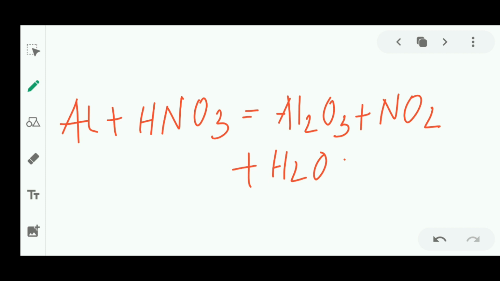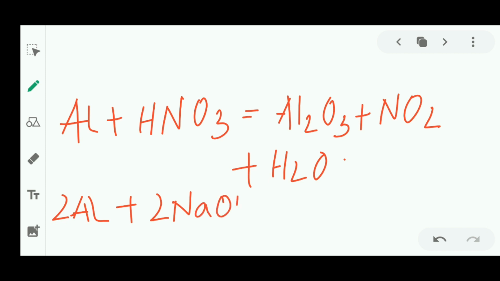Next, with NaOH, a base, aluminium reacts with hot caustic soda or hot sodium hydroxide solution, and it forms sodium aluminate salt and hydrogen gas is evolved. So when aluminium reacts with hot and concentrated caustic soda, or sodium hydroxide, what is the formula of sodium hydroxide?